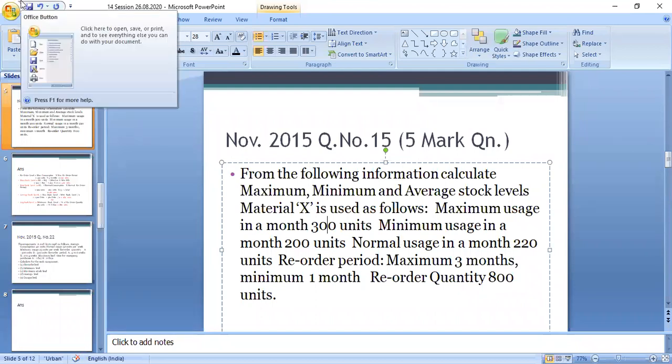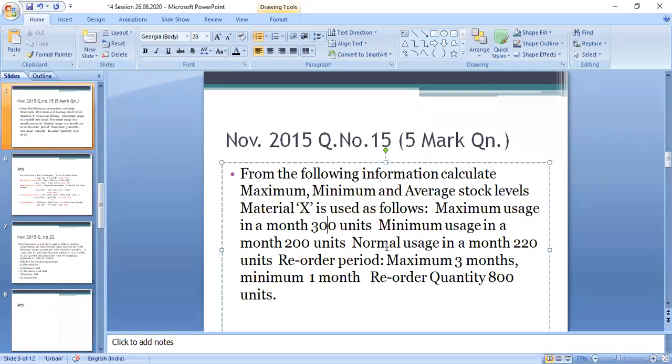In this case normal usage is given. Suppose normal usage is not given, then you take the maximum usage and the minimum usage put together divided by 2, and we get the average usage. The average usage can also be considered as normal usage or normal consumption. The normal reorder period is not given in this case. It is calculated by taking the maximum reorder period plus the minimum reorder period, put together divided by 2, which is called the average reorder period.